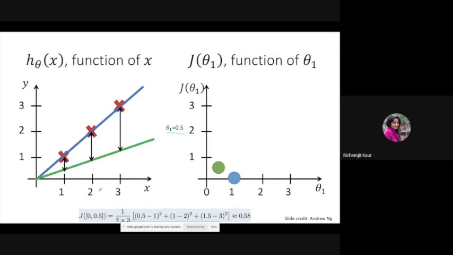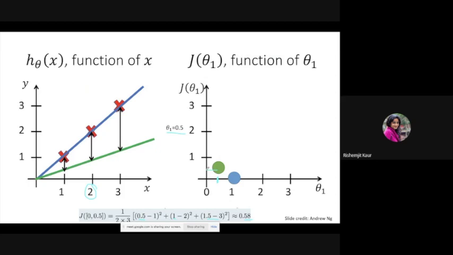And when x was 2, the actual value was 2, but our hypothesis gave us the value of 1, and similarly for the third data point. So our error comes out to be somewhere around 0.58. So when our theta 1 was around here, our error was around 0.58.